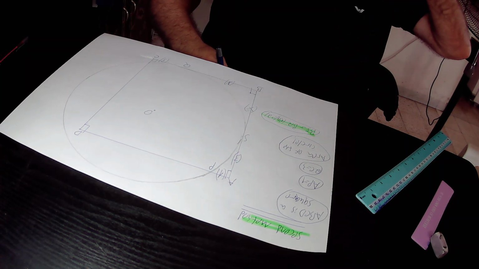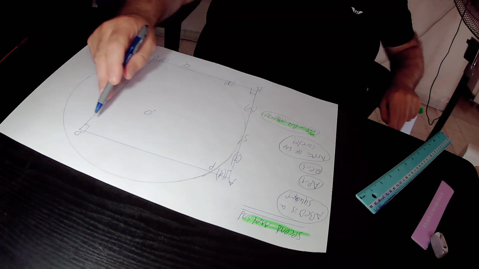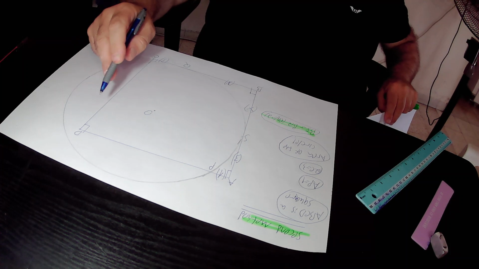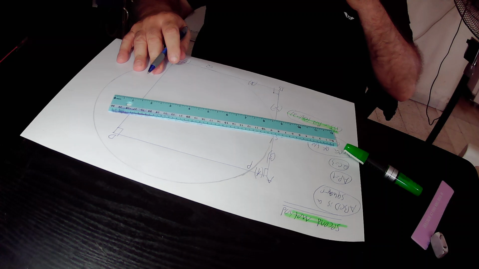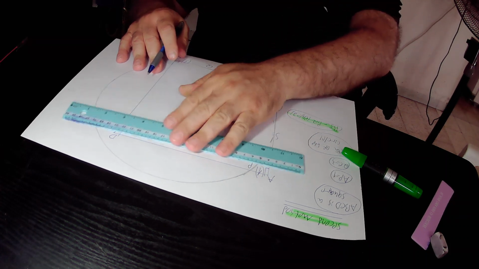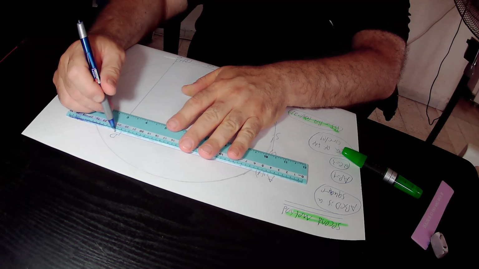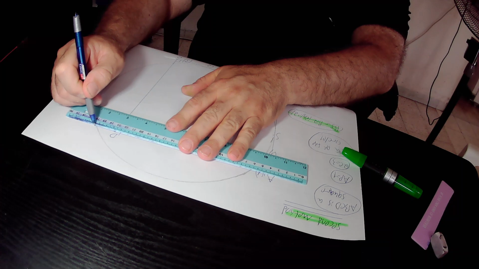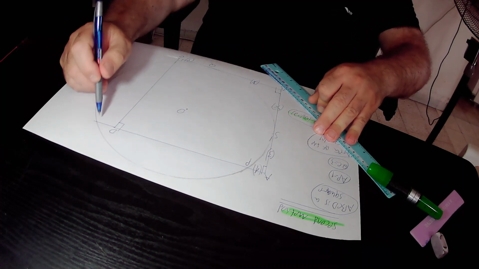In the next step, we'll extend side AD by a straight line until it touches the circle, and we will define the touching point of the extended side AD with this circle.